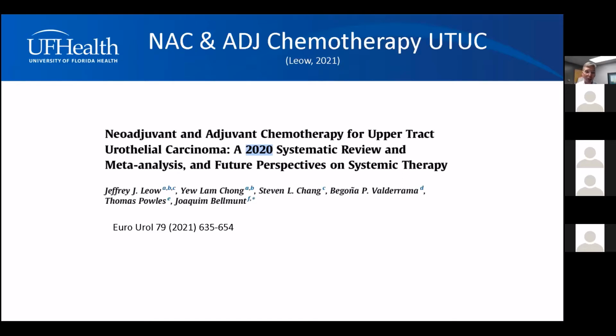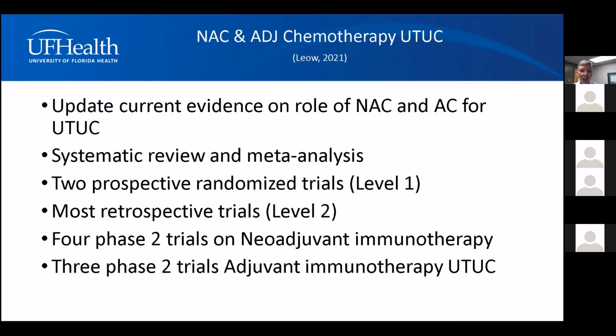This was just published in 2021, and it was a meta-analysis looking at neoadjuvant and adjuvant chemotherapy for upper tract urothelial carcinoma. So it was really a 2020 perspective of this, an update on systematic reviews and meta-analyses. In this study, there was both level 1 and level 2 evidence, because there were 2 prospective randomized trials involved.